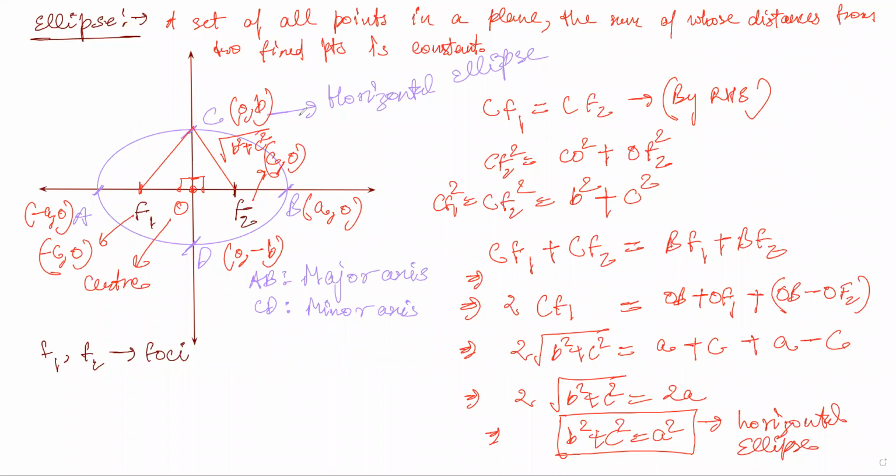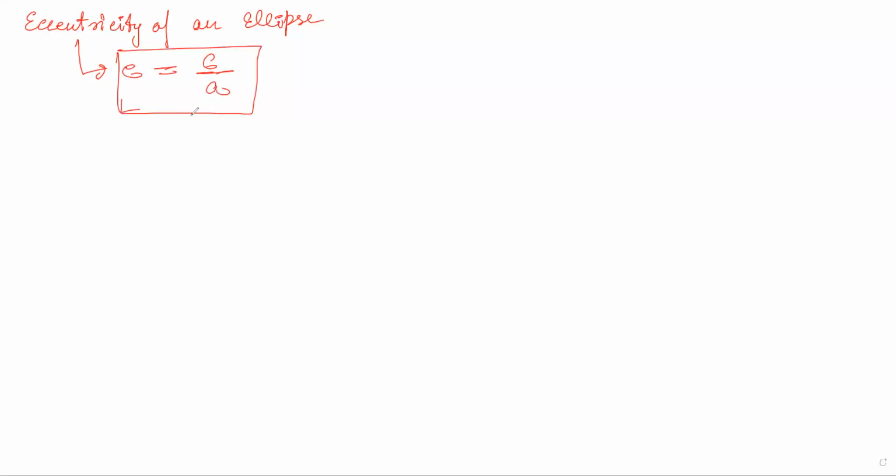Okay, in that case, let's start with the next part. There is a thing called eccentricity. Eccentricity of an ellipse. Now this eccentricity is represented by E, and E is equal to C by A. C, what was C?